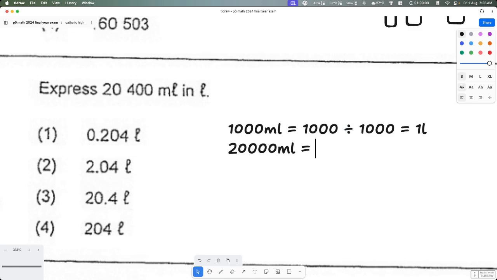So in this case for 20,000 milliliters, we just have 20,000 and then we divide by 1,000, and this will give us 20 liters.